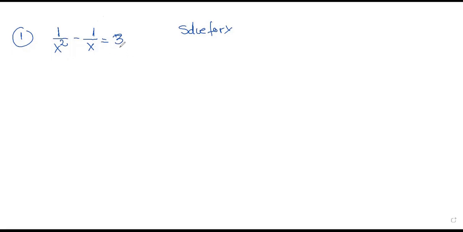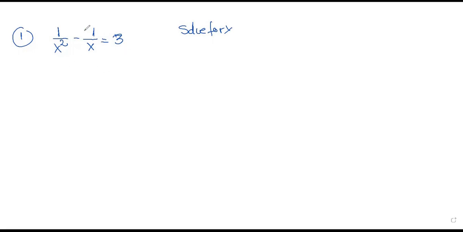So first, would we work on the... okay, wait. Just seeing what to do here. So we would multiply all the terms by x first to get rid of the second, or we can do x squared, right?